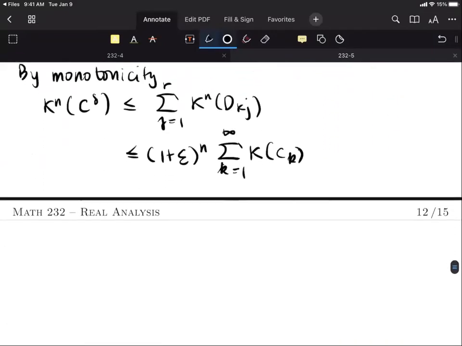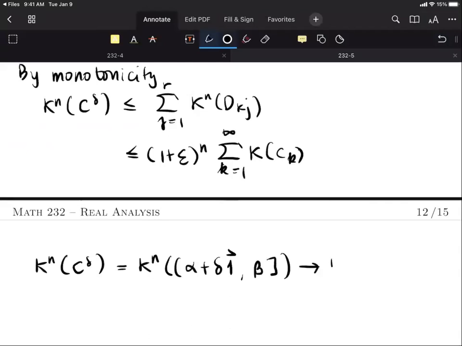Okay. Let us look at the left-hand side, kappa n of C delta. So the way we defined this cell C delta, this is alpha plus delta times the vector 1, beta.